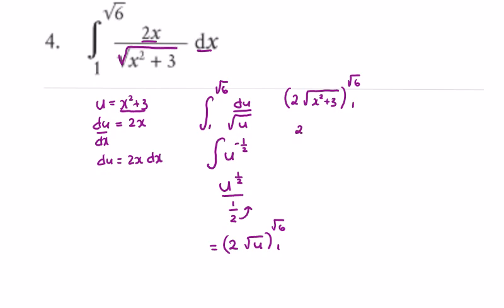Well, root 6 squared is just 6, so that's twice the square root of 9, putting root 6 in first. And then we have minus twice the square root of, putting a 1 in, it's 1 plus 3 will give 4. So that's 2 times 3 minus 2 times 2, which is 6 minus 4, which is equal to 2 for question 4.